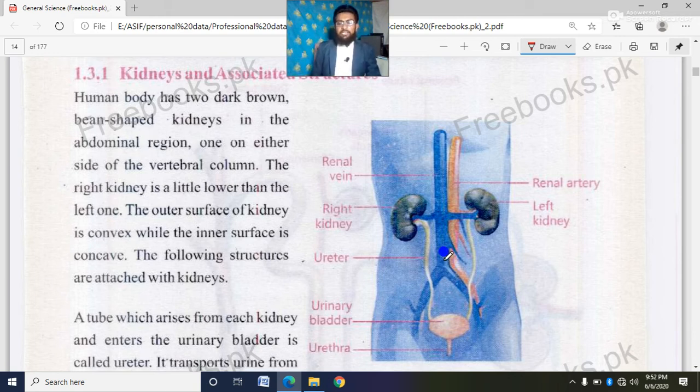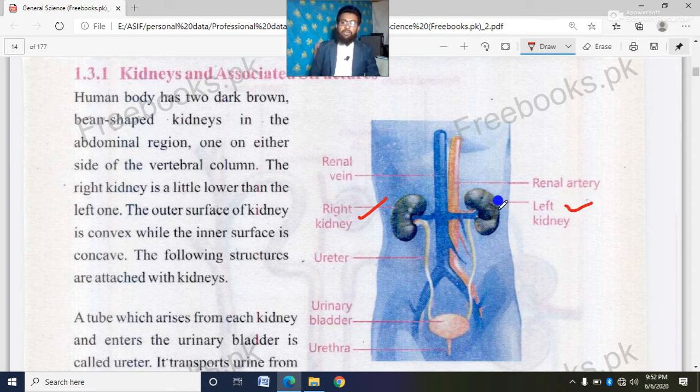Here we can see in a diagram two bean-shaped structures, known as kidneys, dark brown in color. One is labeled as right kidney and the other as left kidney.